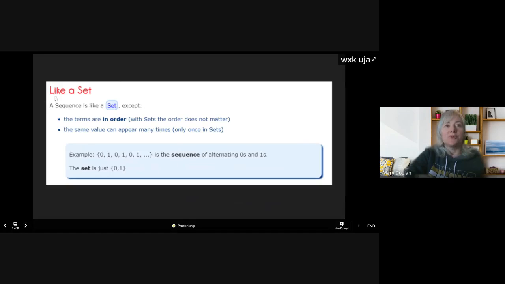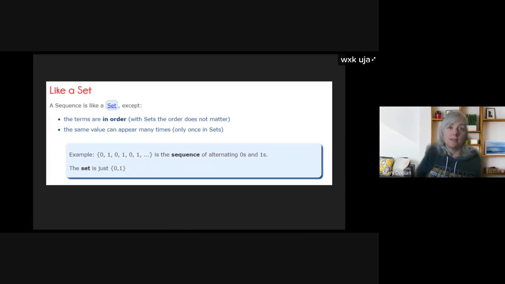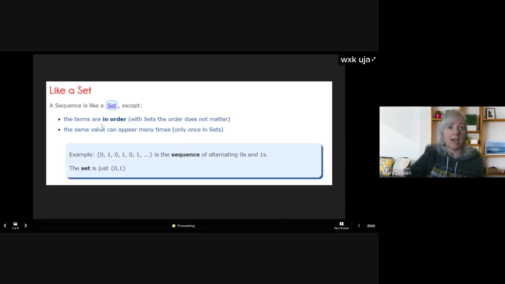All right, and so when we talk about sequences, they're like a set. The difference is that in a sequence, the terms are in order. Okay, they have to be in a special order. And with a set, it doesn't necessarily matter. A sequence is like a set, except the same value can appear many times.